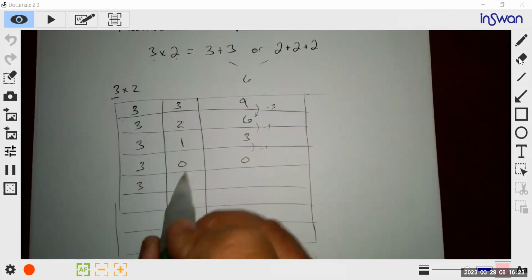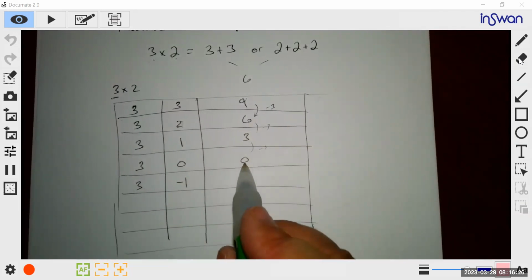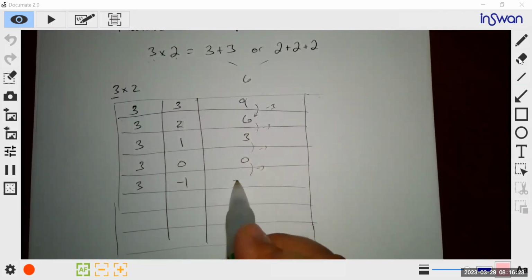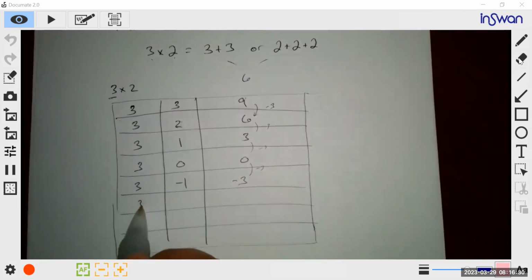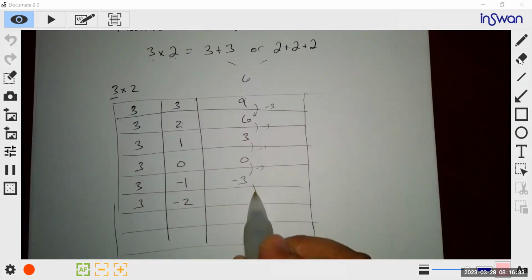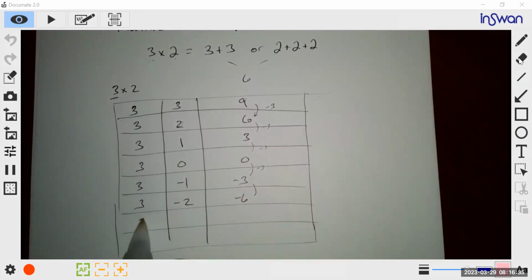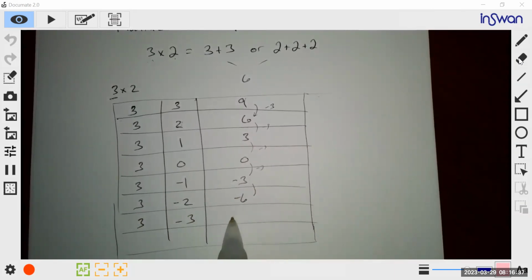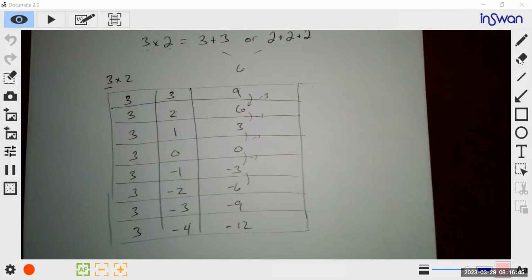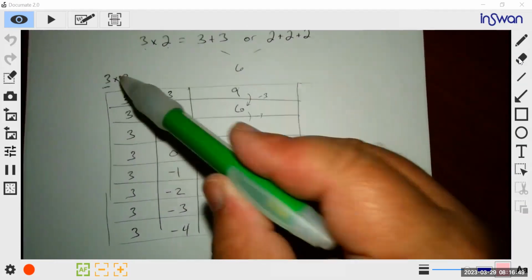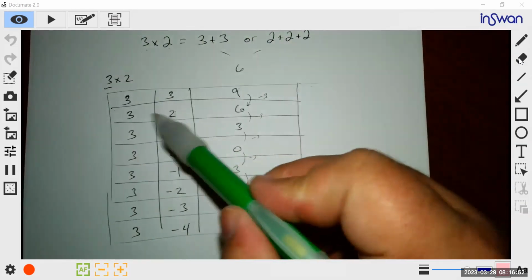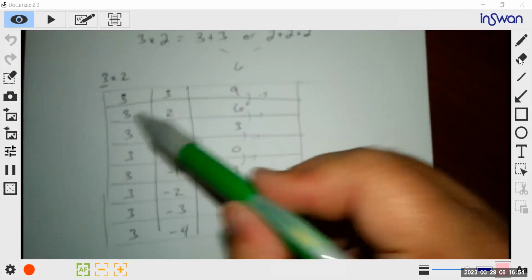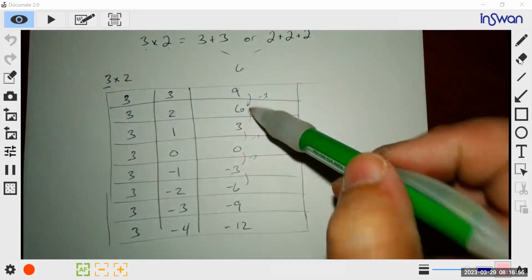So if I go down one more, I subtract 3, I get -3. If I do -2, I subtract 3 more, I get -6, -9, and -12. So what we notice here is whatever we multiply by, a positive times positive is positive.